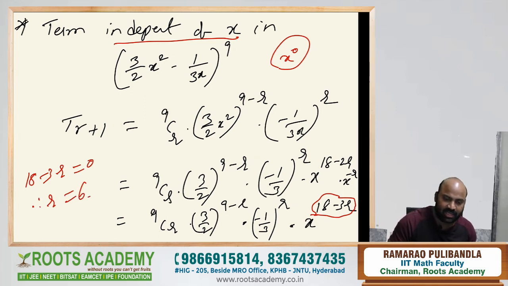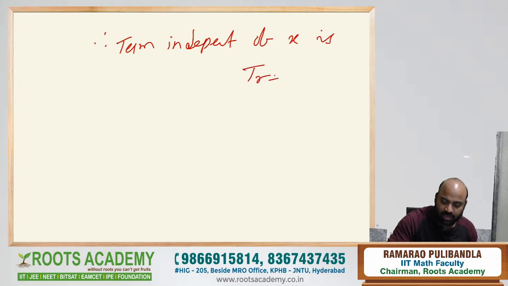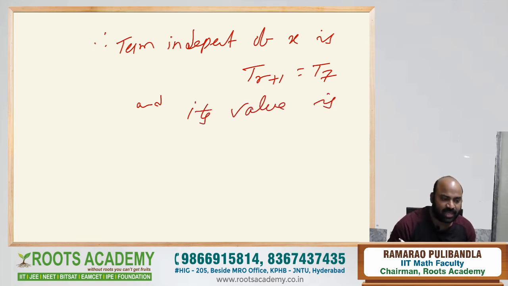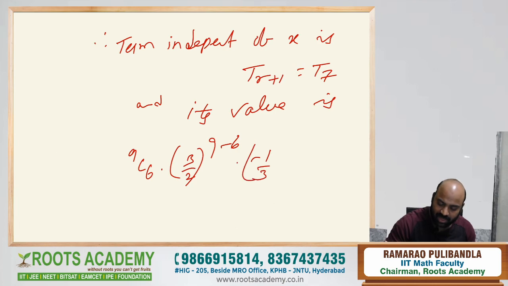Now put r as 6 in that. Therefore the term independent of x is T(r+1), which is T7, and its value is 9C6 into (3/2)^(9-6) into (-1/3)^6.